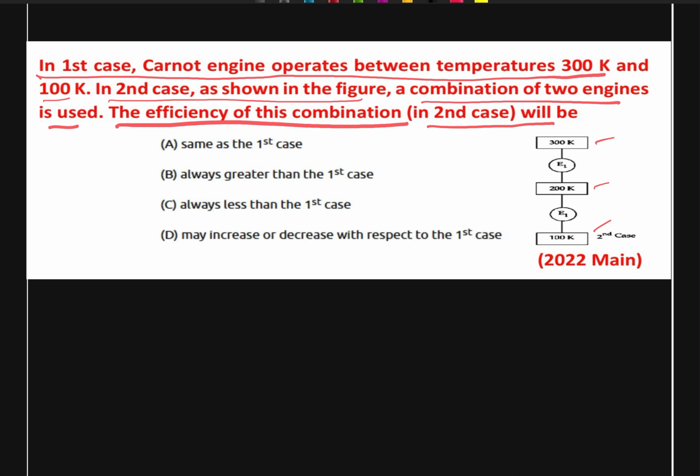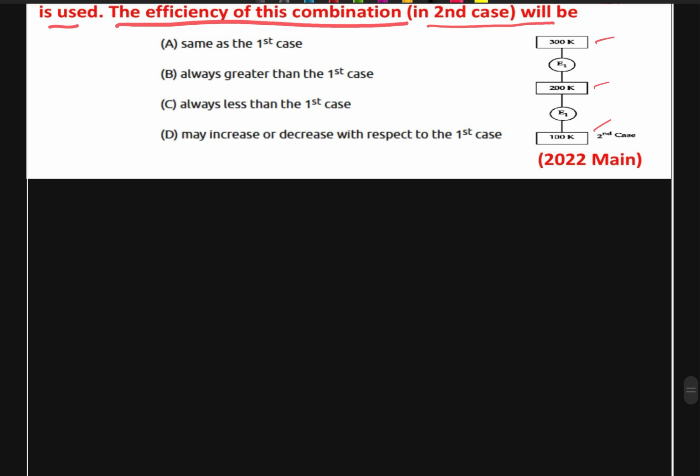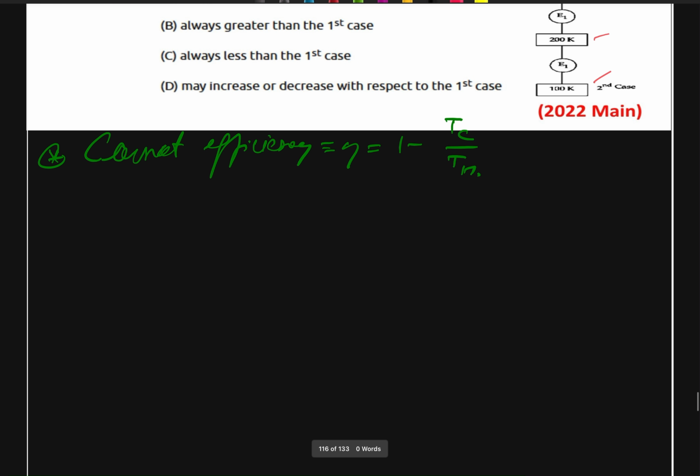So we have to find out the efficiency. We know that Carnot efficiency, which is nu, is equal to 1 minus cold temperature over hot temperature.